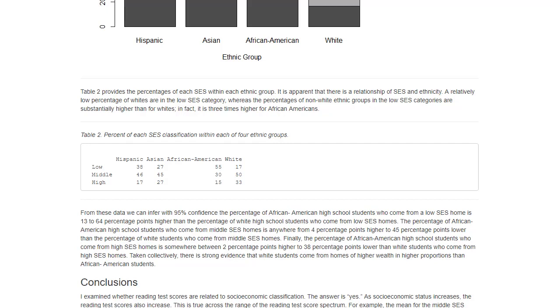The evidence suggests, however, that white students tend to come from high SES homes in greater rates than African American students. What I would further say, though, is that more study is needed in order to be able to get a narrower interval and have more evidence if this was really important to us to confirm.